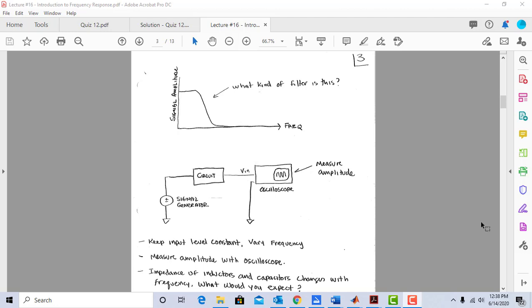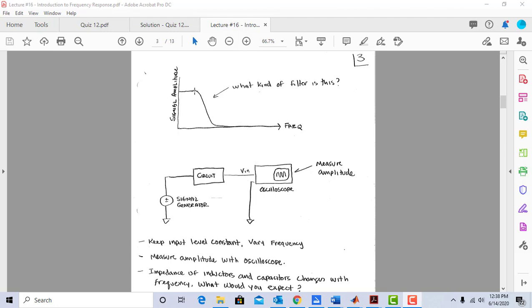So let's actually look at a frequency response plot. Here's one right here. You'll notice that I wrote signal amplitude here, which really resembles the spectrum analyzer display, but I want you to think of this as the network analyzer display. So it's showing the frequency response of a filter.